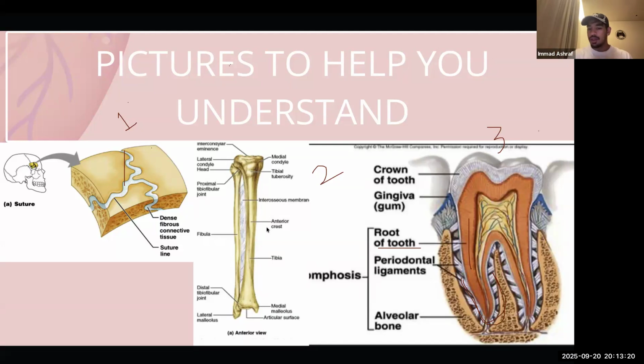It's a type of joint between the root of your tooth and the alveolar process of your jaw. That's a gomphosis. So is that clear? It is? Okay. Yeah, gum. You can remember it like that. That's nice. Lamar, thank you.